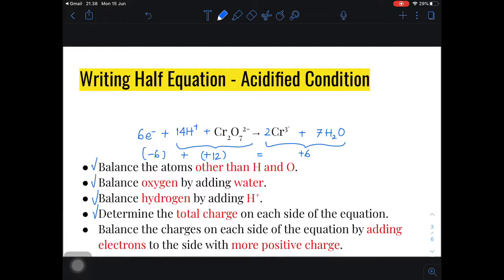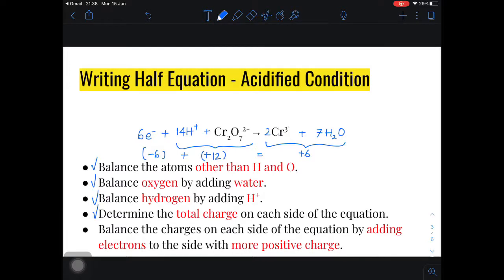Okay, now after we have balanced the half equation, we can determine whether Cr2O7 2- undergoes a reduction process or oxidation process.